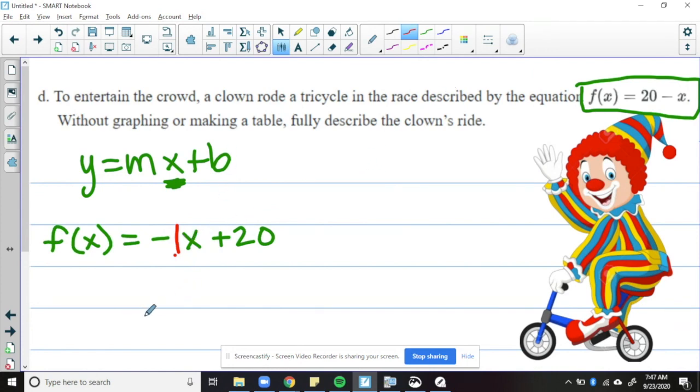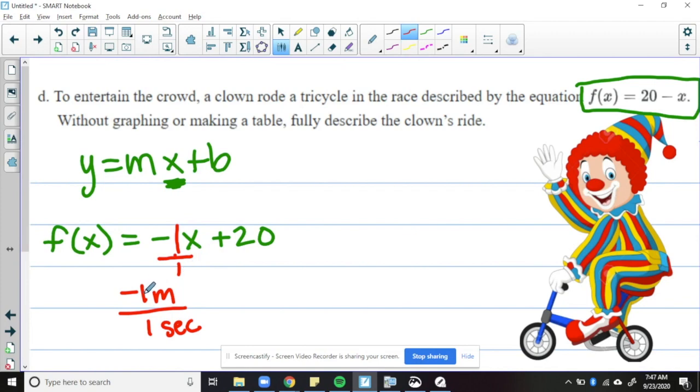So, negative 1 meters per, and there's nothing underneath it, which you could also say is an invisible 1 under it. So per 1 second.